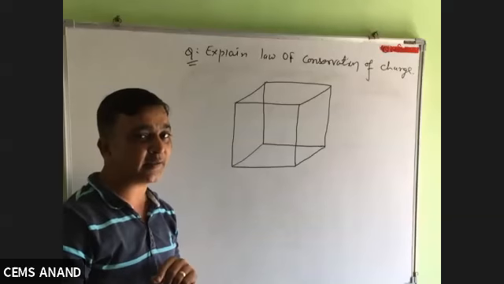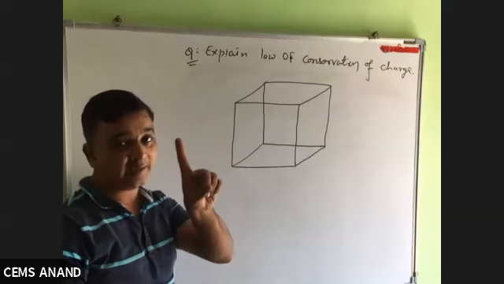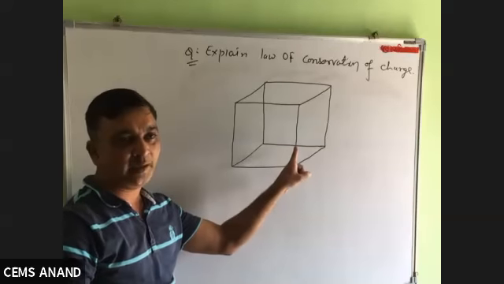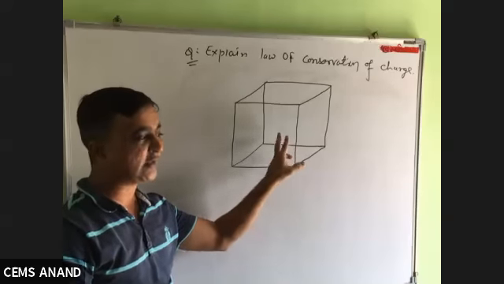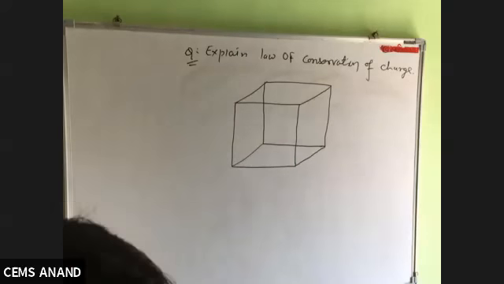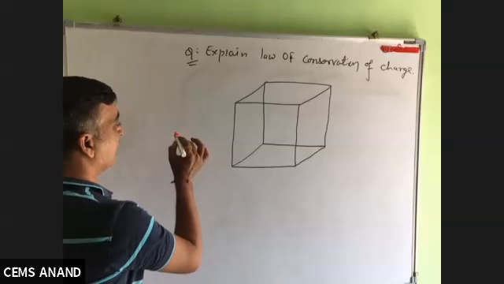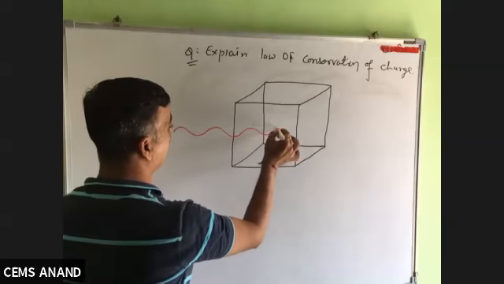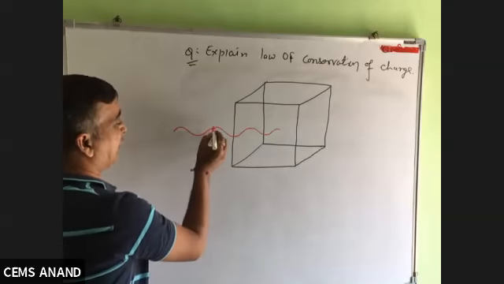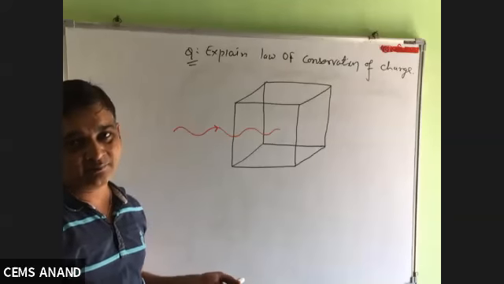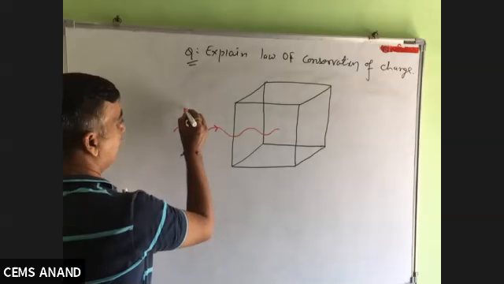And as I mentioned, no charge. It means no proton or electron is allowed to enter, and no electron or proton is allowed to escape. But it is possible for a photon to enter the system. What is a photon? It is electrically neutral, or we can use some alpha rays, which is also one kind of photon.